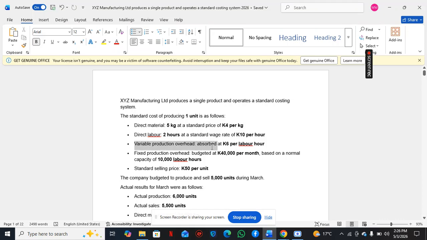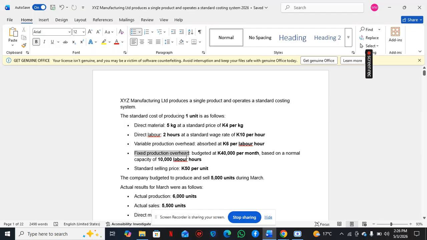Variable production overhead is absorbed at 6 kwacha per labor hour. Colleagues, you attended that lesson on overhead absorption; you're just including the overheads in the cost of each unit.